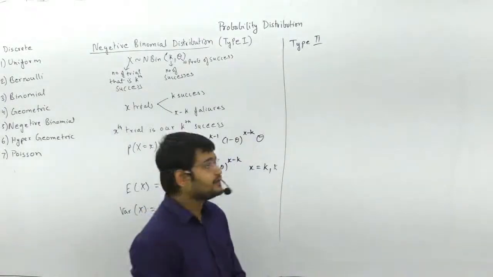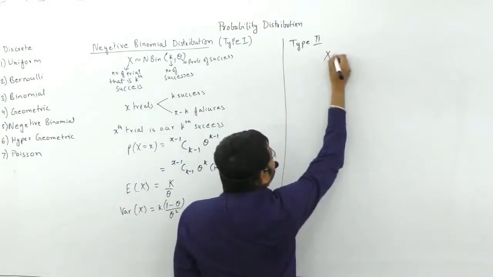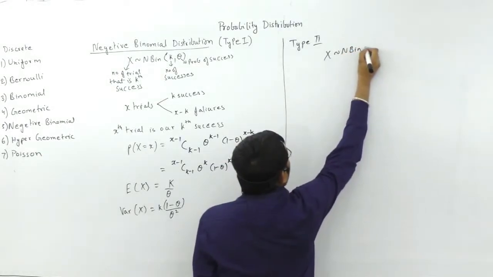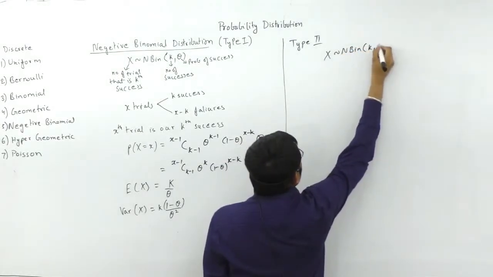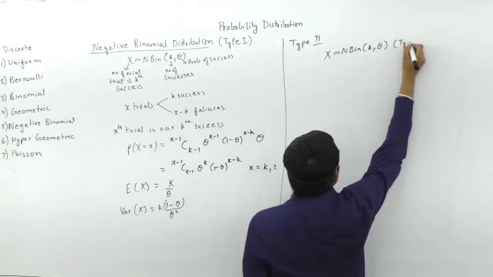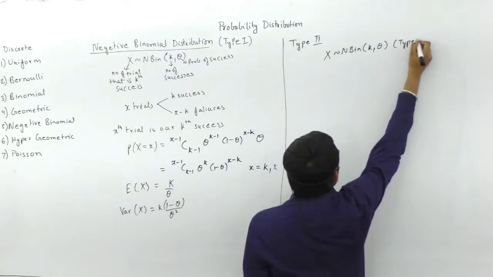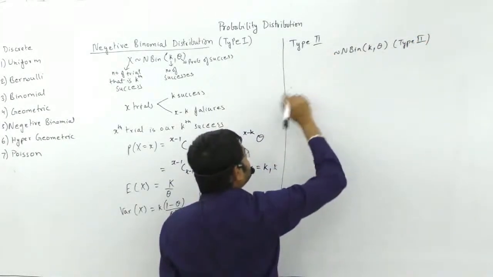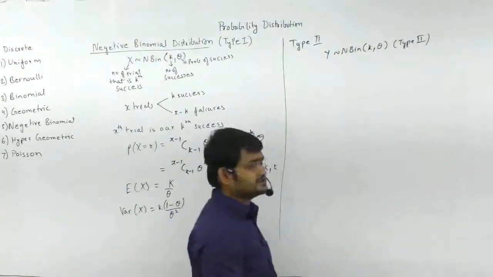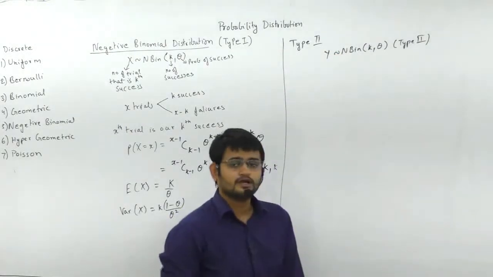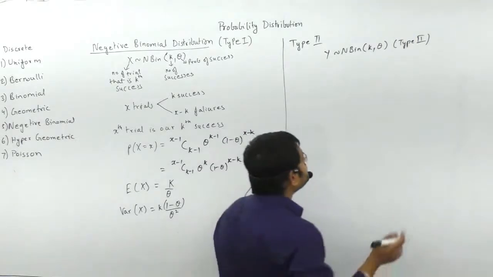So type 2 negative binomial, we write X follows negative binomial k, theta. For type 2, just write type 2 here. Just because we are going to use the relation between X and Y, we are going to write this as another variable Y. Y follows negative binomial k, theta with type 2.